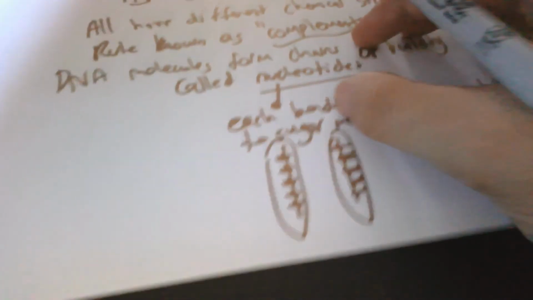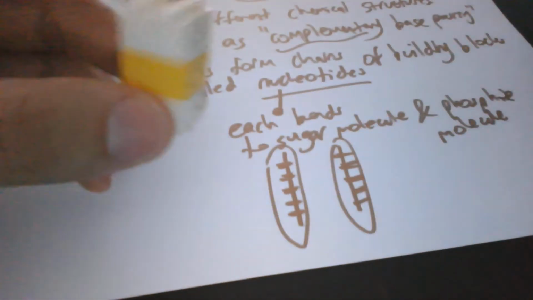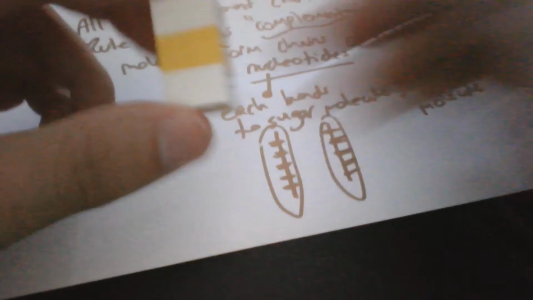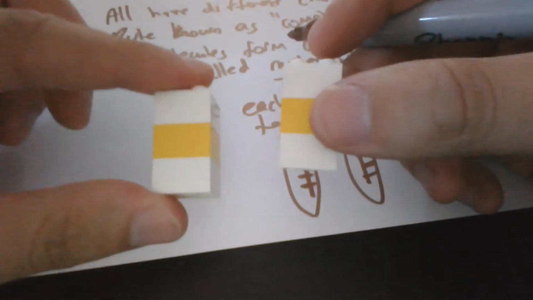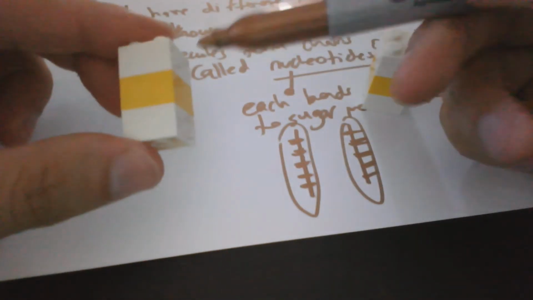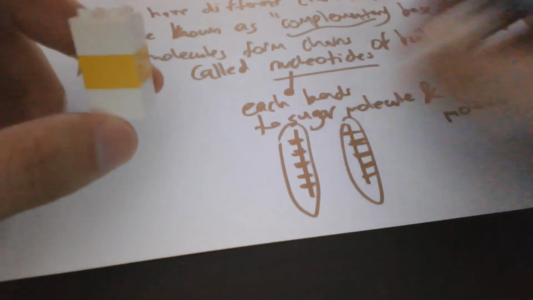Back to the analogy. These things, that's a nucleotide. One of these is a nucleotide, and one of these is a nucleotide. So you've got two nucleotides here made of alternating sugar and phosphate. And as I mentioned, genes line up in a row along the length of the DNA molecule.